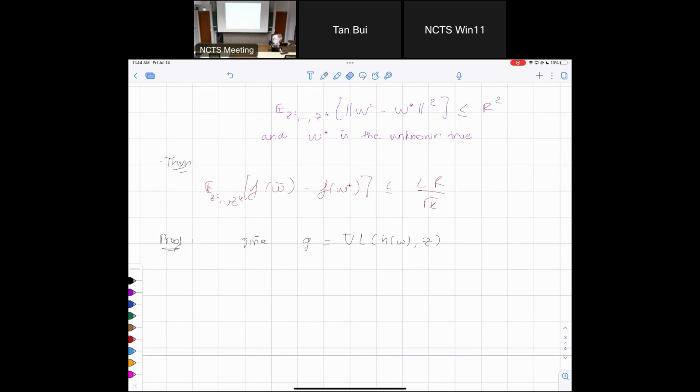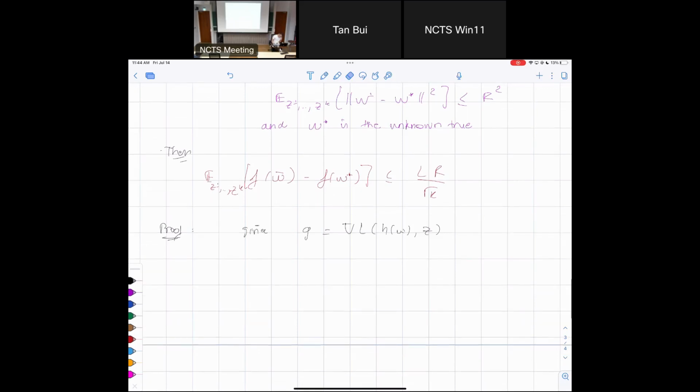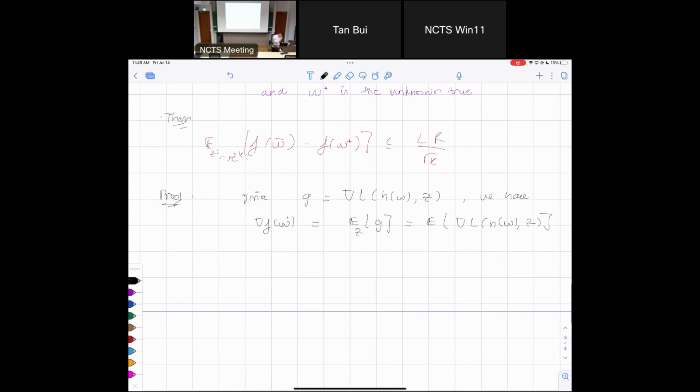That is our G. Then since we have the gradient of F is equal to, in fact, the expectation of G with respect to Z. Or this is the expectation of the gradient of L of h_W, Z. Okay, so remember, right?